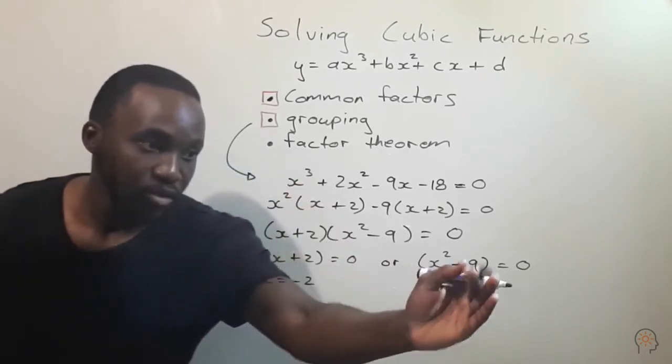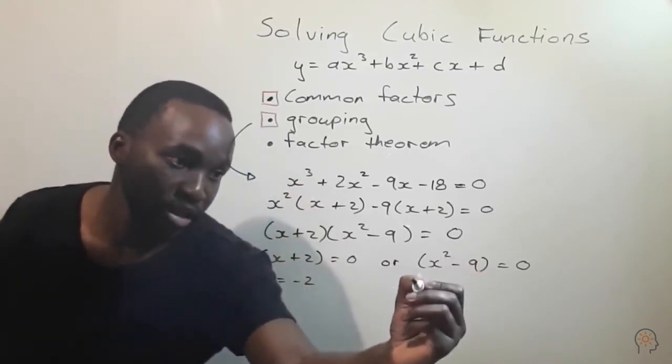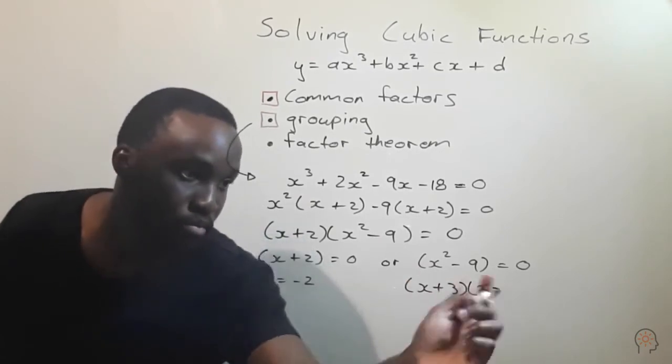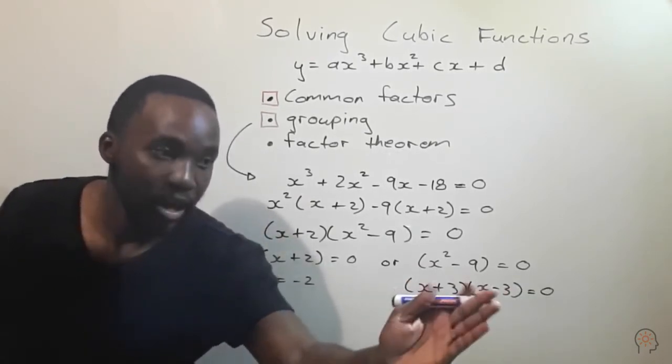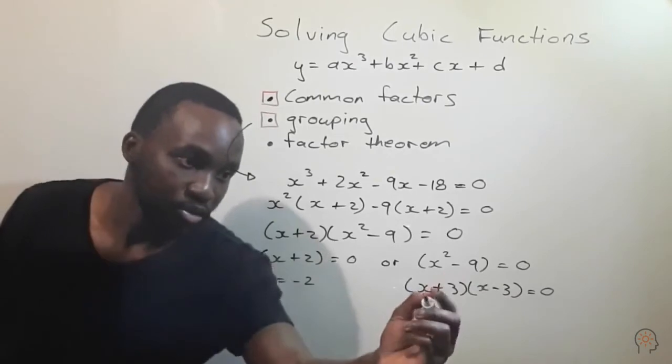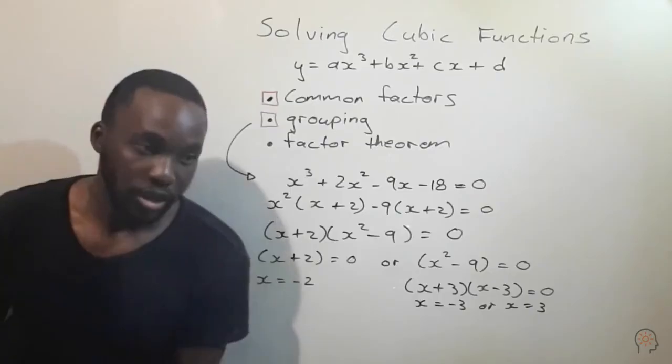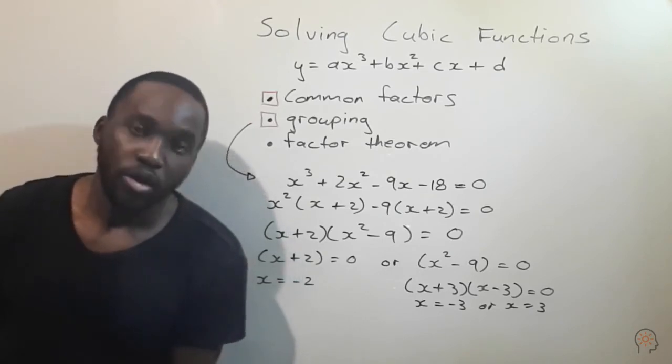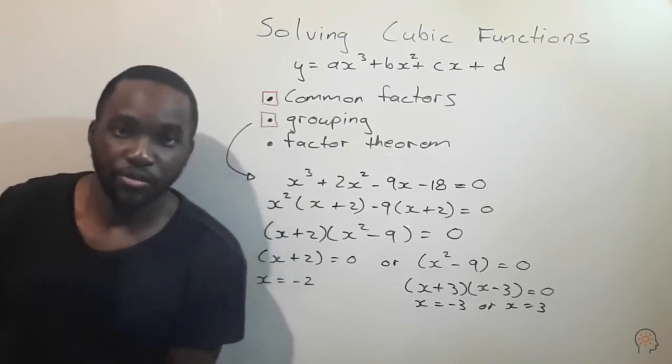So this being the difference of two squares, we know that we can split it up into x plus 3 and x minus 3, which will just give us x is equal to minus 3 or x is equal to positive 3.